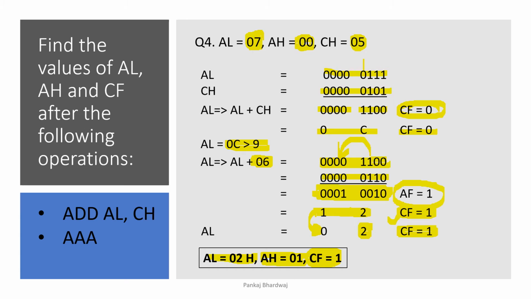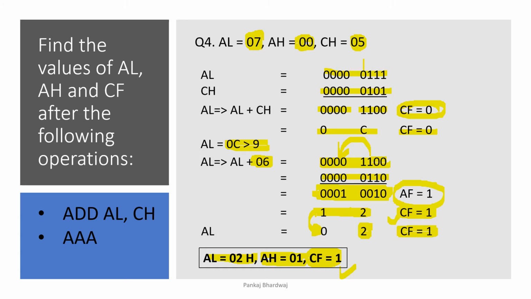One register, in which we store the upper digit, that is 1, is the higher register, that is AH, and in the lower register, that is AL, we store the lower digit, that is 2. So 12 is stored in two different locations, 01 in AH and 02 in AL, and this carry flag says that there is a carry in the BCD addition problem.